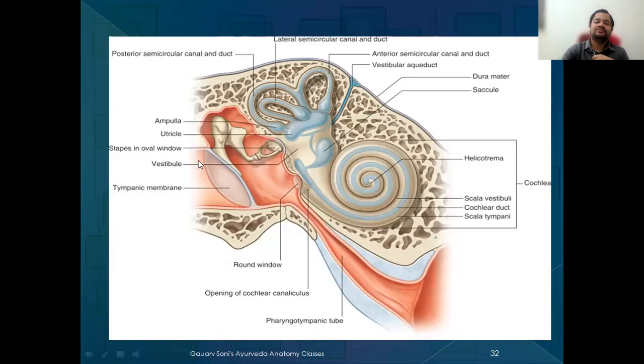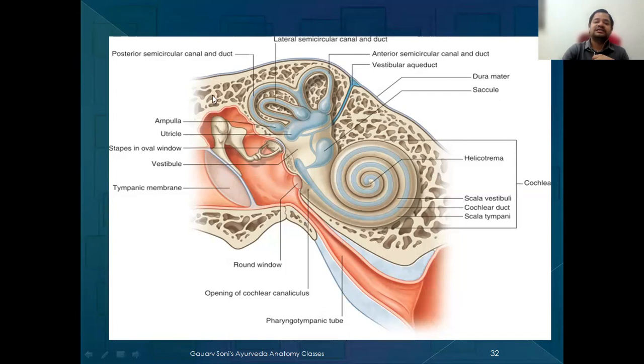Here you can see a better representation. So this is the tympanic membrane. Here is the handle of the malleus, which is connected. Then this is the head of the malleus, incus, stapes, and the foot of the stapes is connected with the oval window. So this is how the sound is transferred from the external side to the internal side, and then there is a cavity. This cavity is connected with the pharyngotympanic tube on the anterior side.